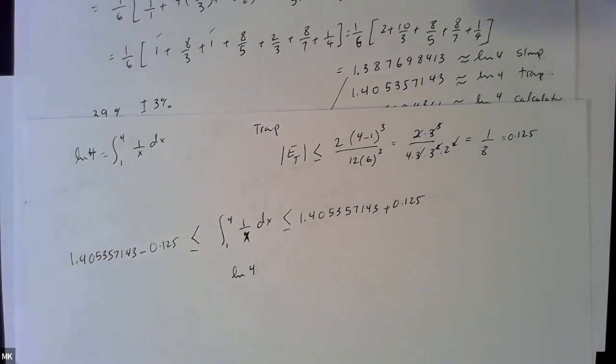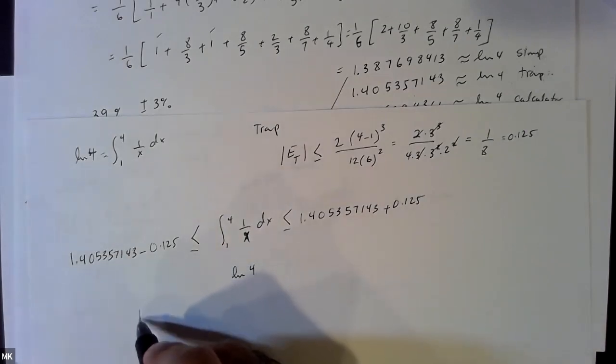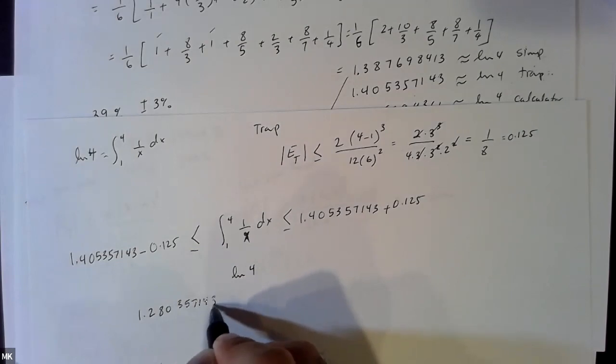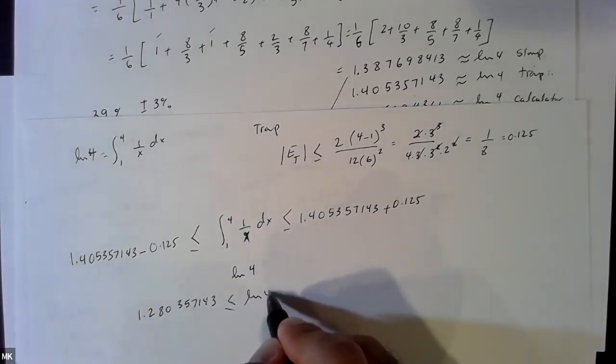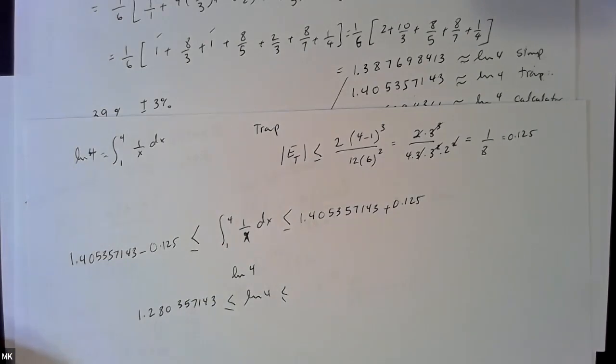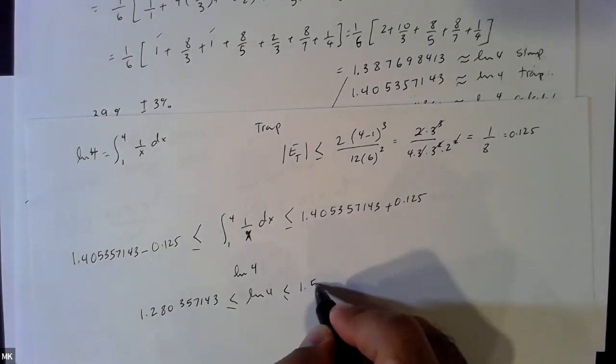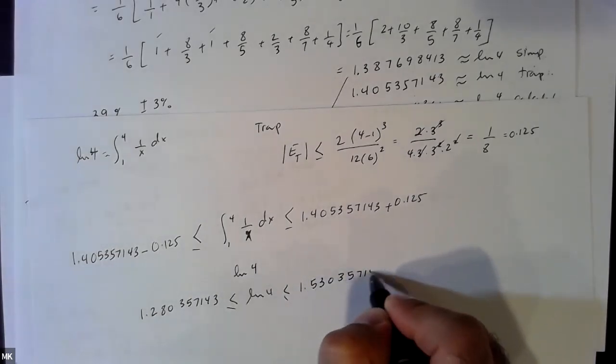So if I just do that calculation, I get between 1.280357143 and 1.530357143.